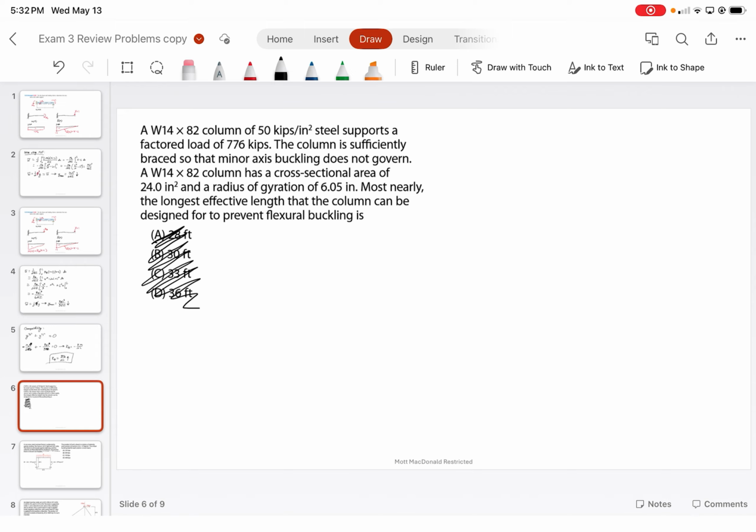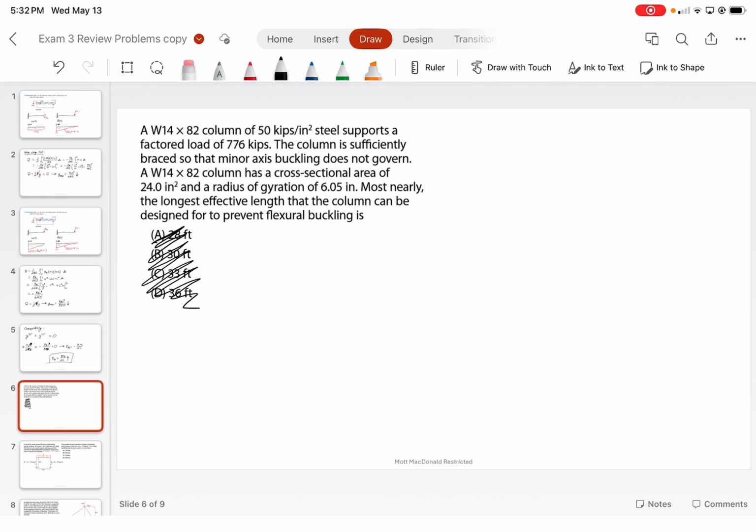What was your approach? The radius of gyration squared is equal to I over A. I solve for I, and then using I, E, and the load that you're given, PCR is equal to pi squared EI over L effective squared. I tried solving for L effective. Well, here's the nice thing.